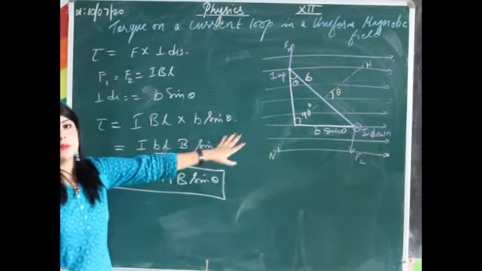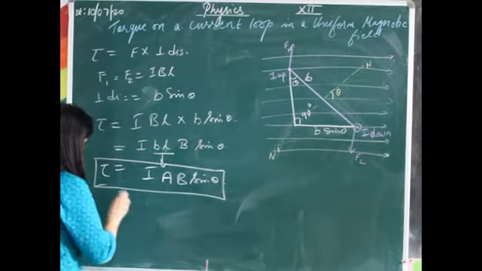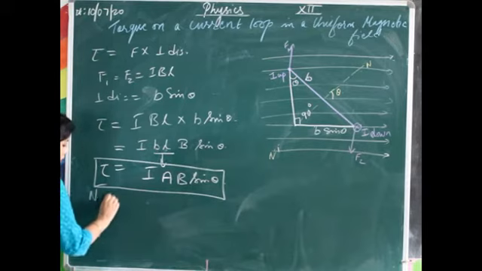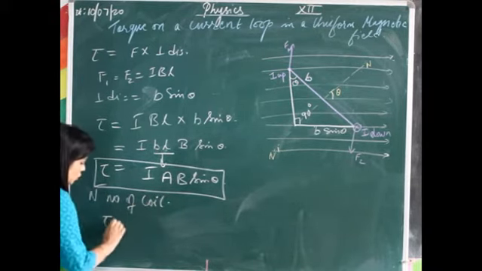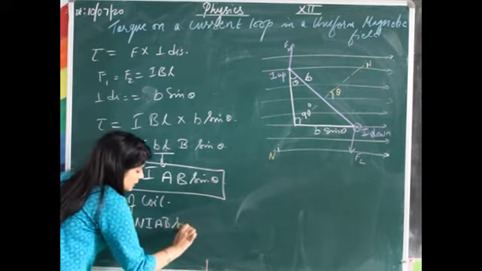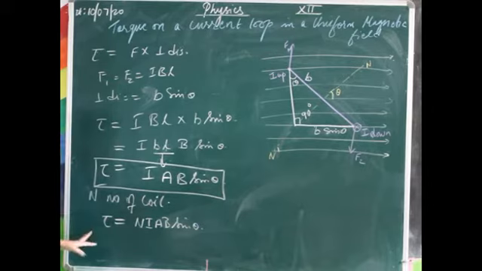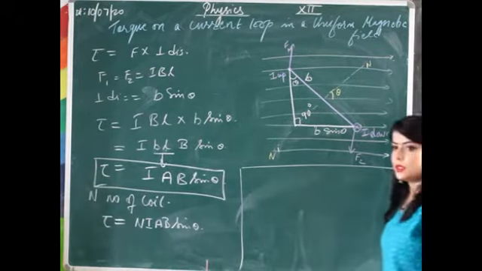Suppose there are multiple loops in that rectangular PQRS. If there are N number of coils, then the torque will be NIAB sine theta. Now in what situation will the torque be maximum?